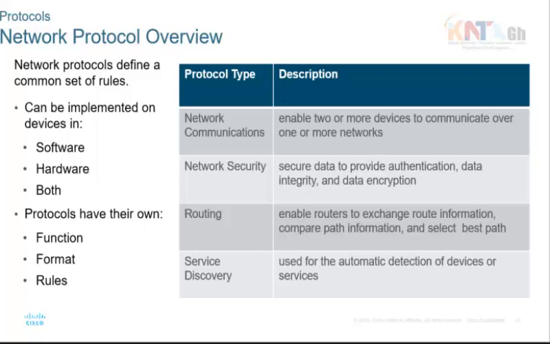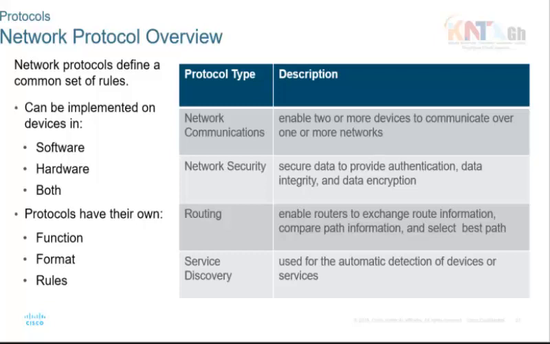So let's look at some protocol types. We have the network communication protocols, and what they do is enable two or more devices to communicate over one or more networks. We also have network security protocols, and these types of protocols secure data to provide authentication, data integrity, and data encryption.